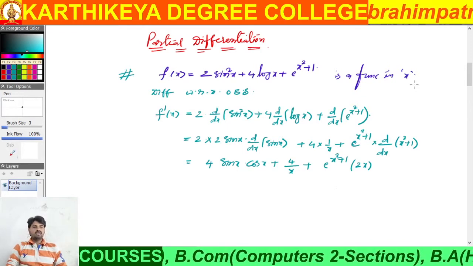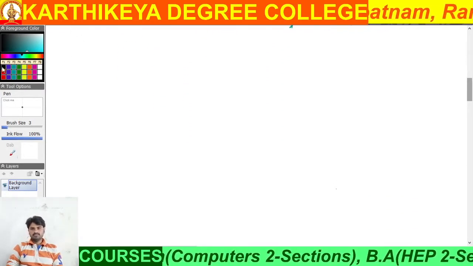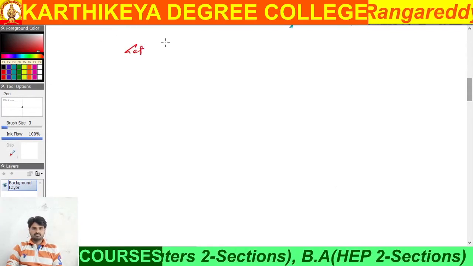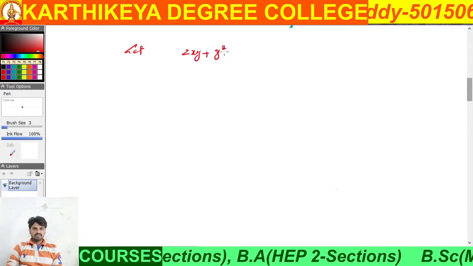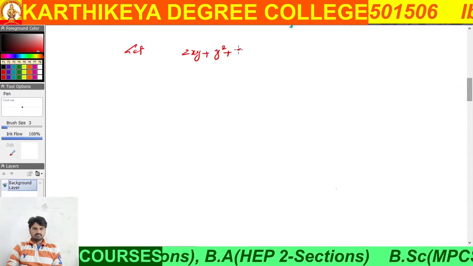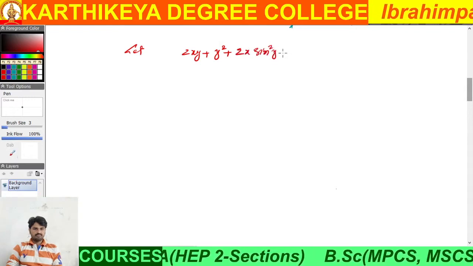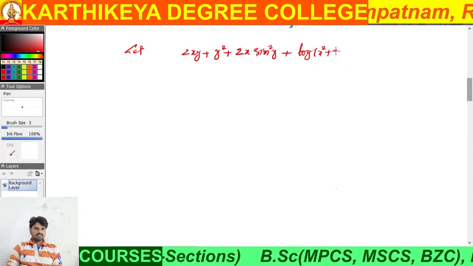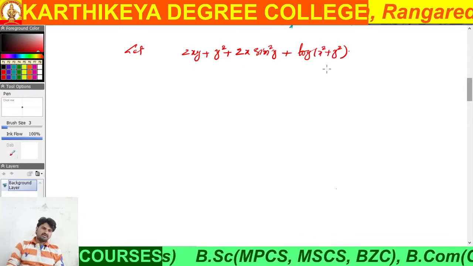So two variables means, let us consider a function here: 2xy plus y square plus 2x sin square y plus log of x square plus y square. Okay, let us consider the function here.